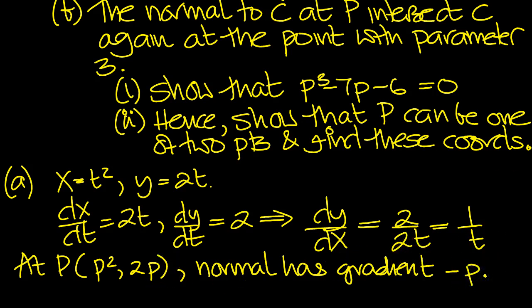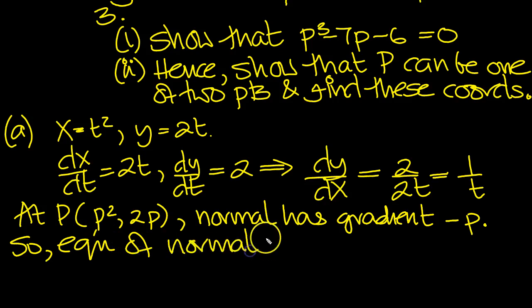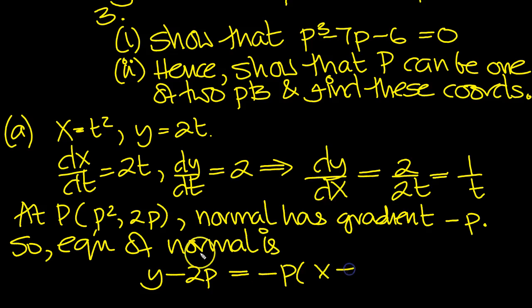So there's our gradient of the normal. So the equation of the normal is y minus the y value, 2p, is equal to the gradient, minus p, times x minus the p squared.